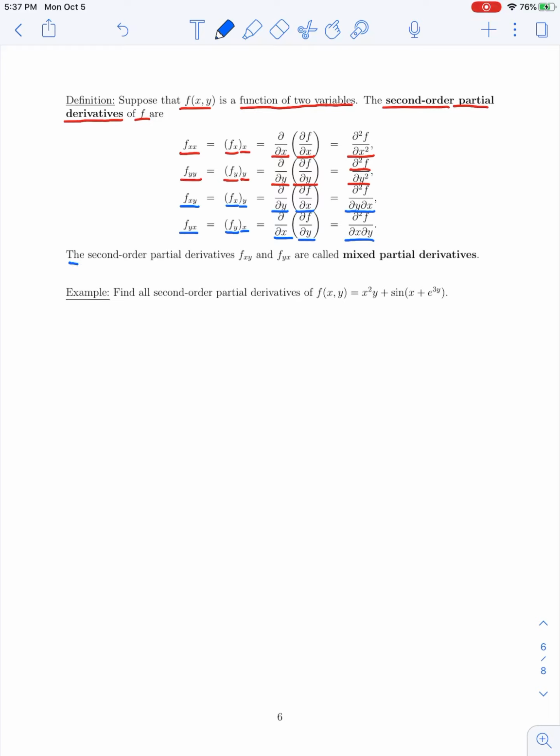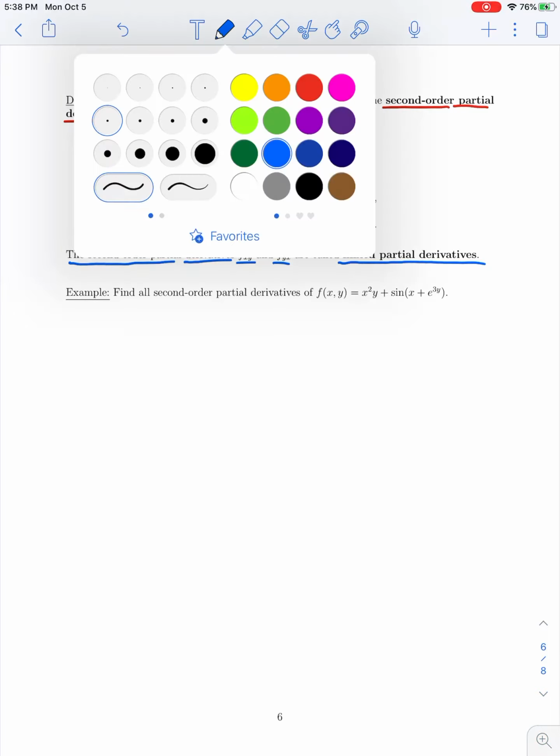Now, these last two second order partial derivatives, f sub xy and f sub yx, are what are called the mixed partial derivatives of that function of two variables, where after our first derivative, we switch what variable we're differentiating with respect to. Now, a little bit about the notation, a word of warning here.